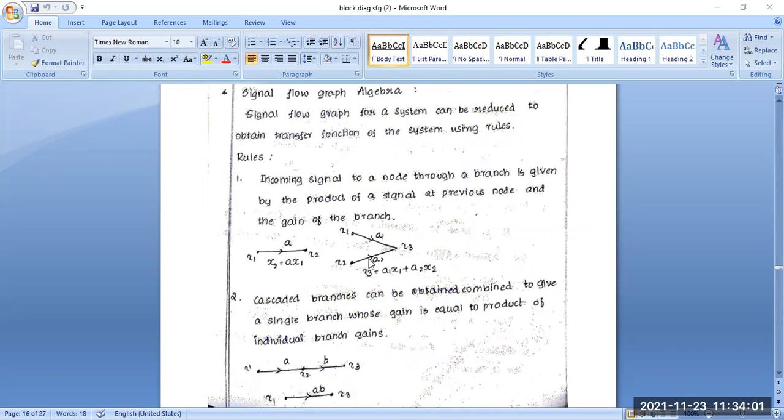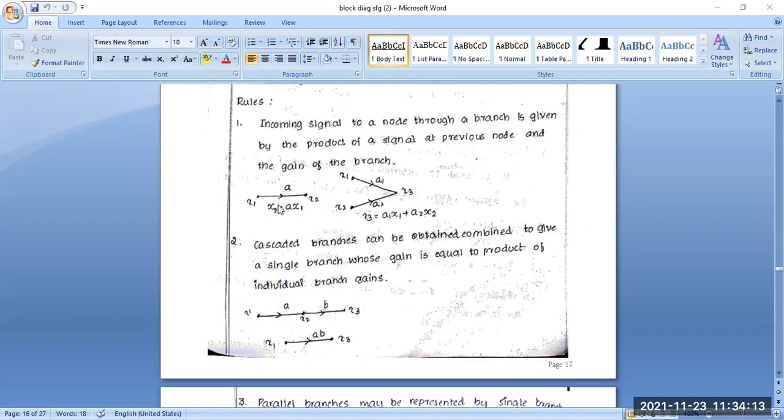Clear? And this is another branch we discussed earlier, that is x3 equals a1 x1 plus a2 x2. So this is basically the first rule. When you see any problem figure, you have to easily calculate the forward gain and also the branching gain.